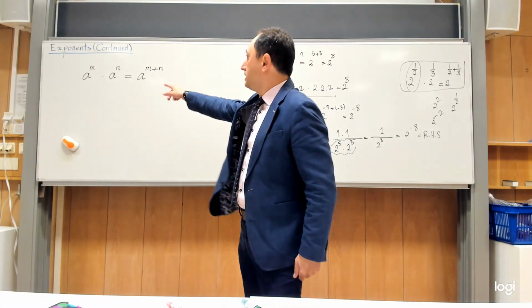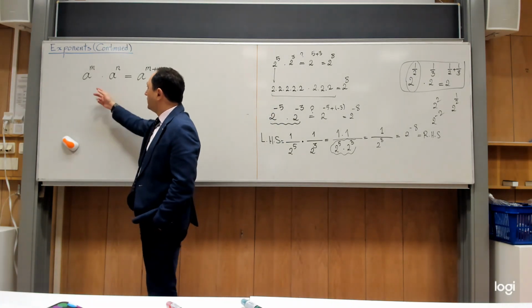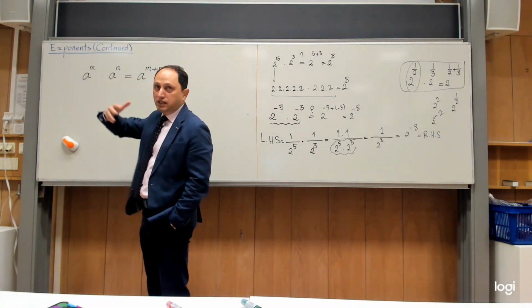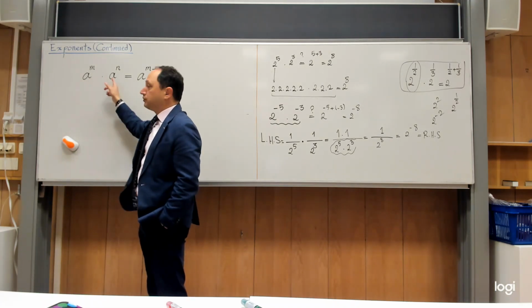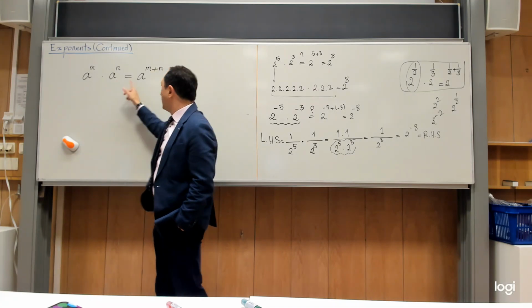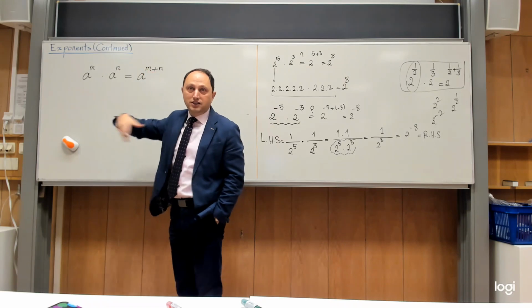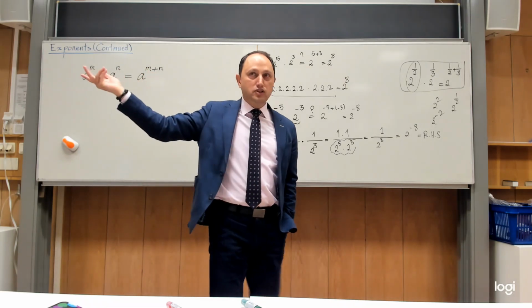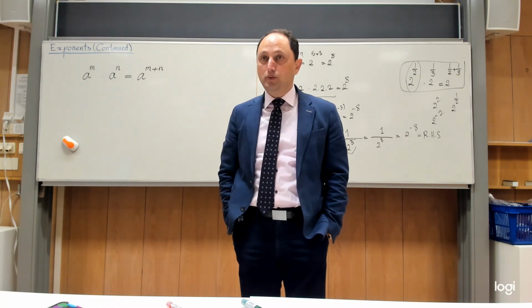When I see this formula it tells me something like this: if you want to multiply two exponentials with the same base, you can write the same base and add the exponents. So this is the deeper meaning of these symbols that you see on the whiteboard. Is that understandable? So you should be able to interpret.